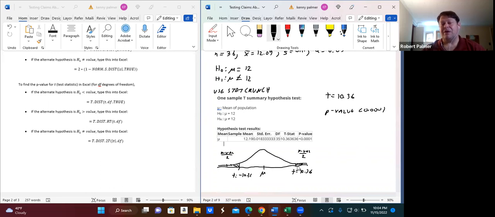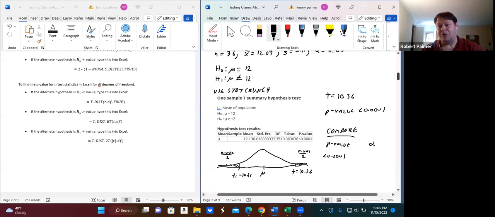And basically, those are values that are just more extreme. The t statistics are the cutoff of those values. Those values that are more extreme are further from the mean than our t. And basically, if that probability is less than our significance level, then we reject. So look, then we want to compare the p-value to alpha. So our p-value, I would simply say, as it says, it's less than 0.0001.